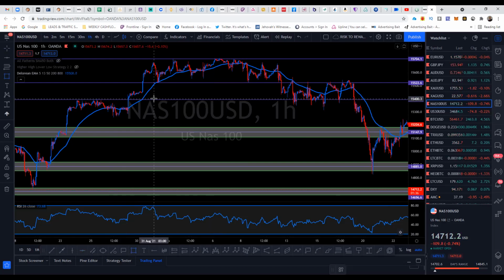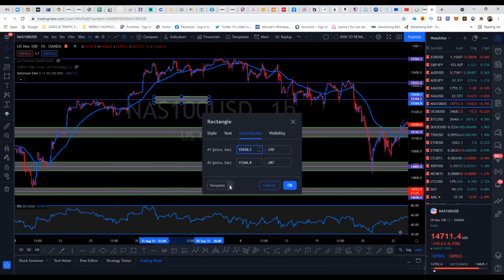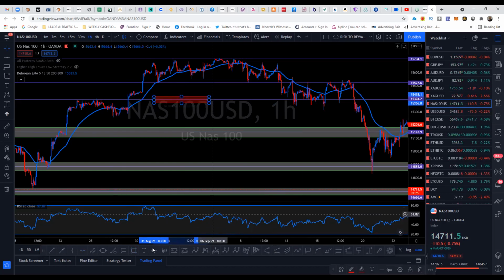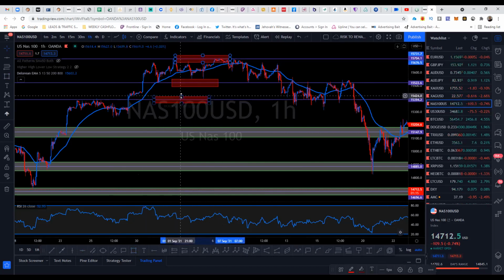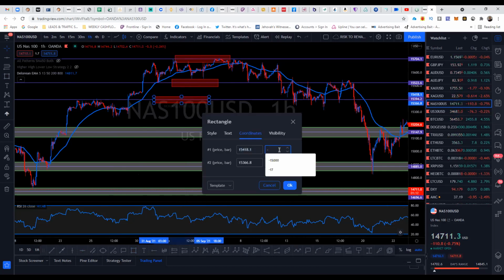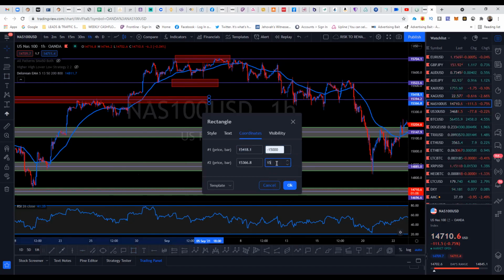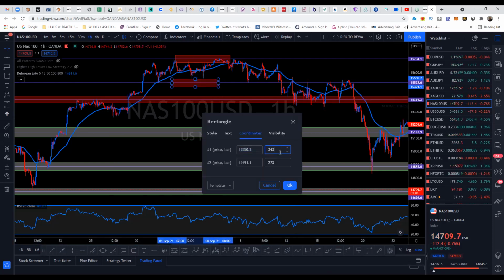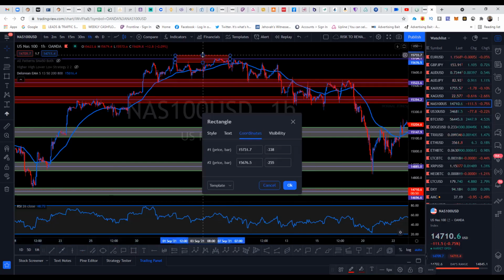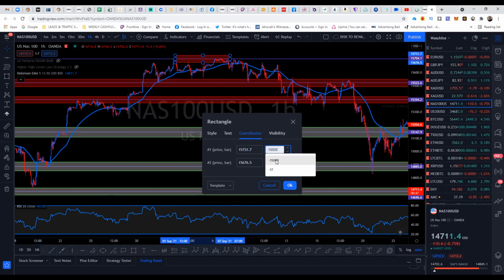And so then with this one, I'm going to make this red. We're going to go to the 4 hour, see what we can mark up.